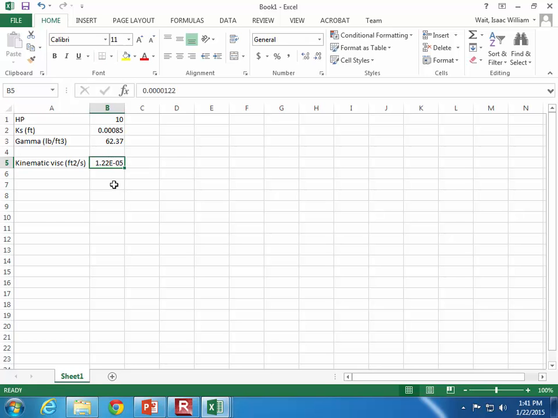So I could type in 0.0000 a bunch of times to get what I want, or you can just key it in as 1.22 E minus 5, and then it automatically assumes scientific notation. Okay, the Q that I know in terms of cubic feet per second, we want it to be 1.5 cubic feet per second.